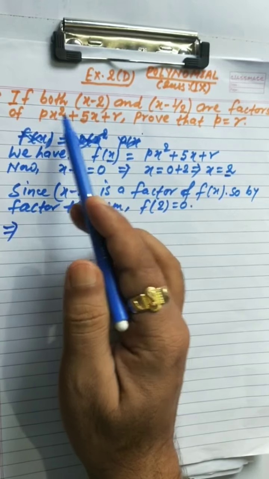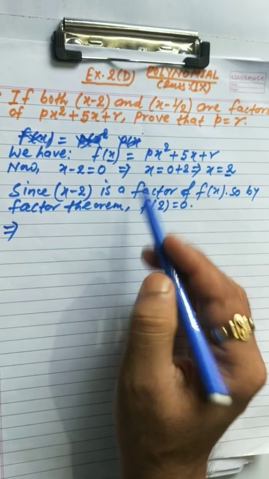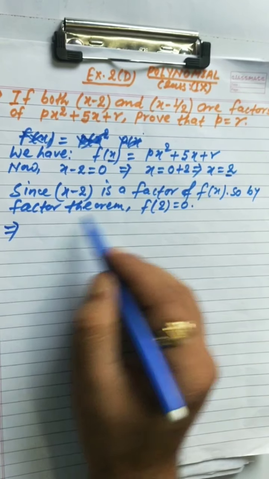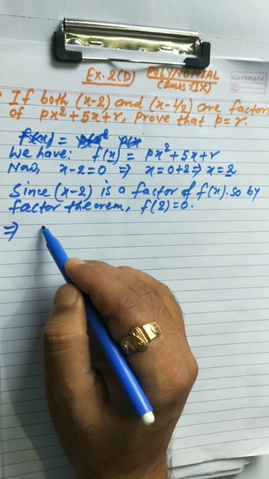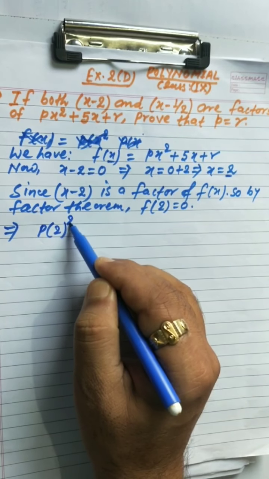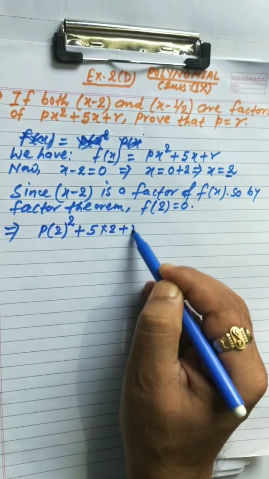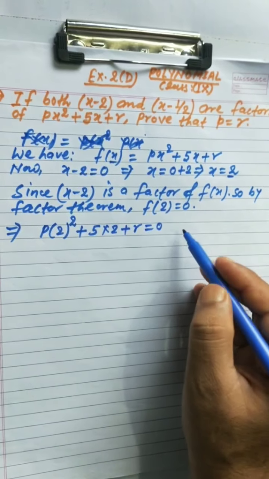Let us replace every x in this polynomial by 2. So your f of 2 is equal to 0, that is p, replace this x by 2, square plus 5 into 2 plus r will be equal to 0.